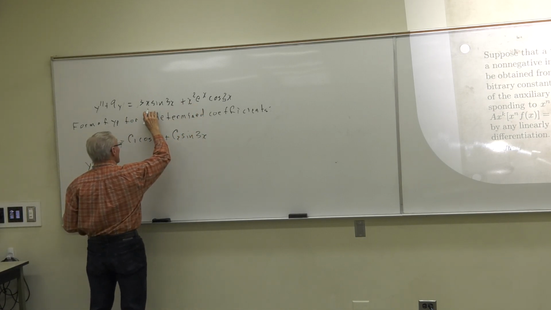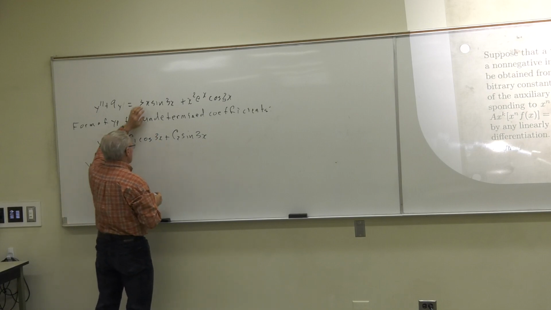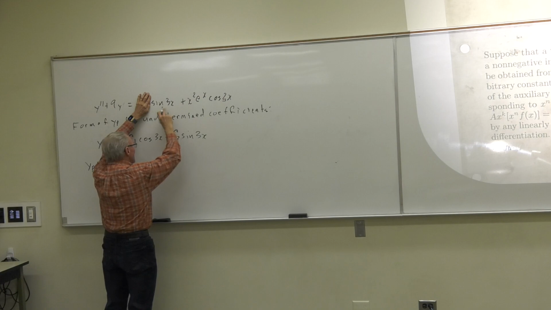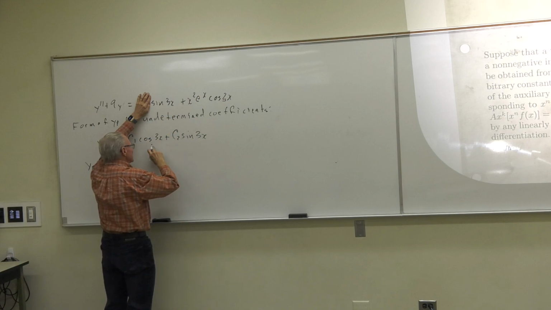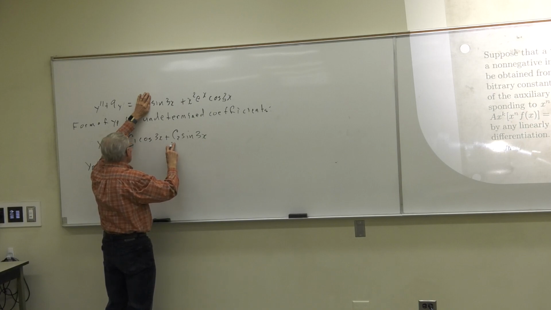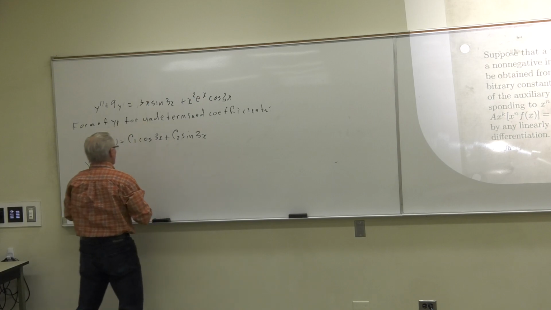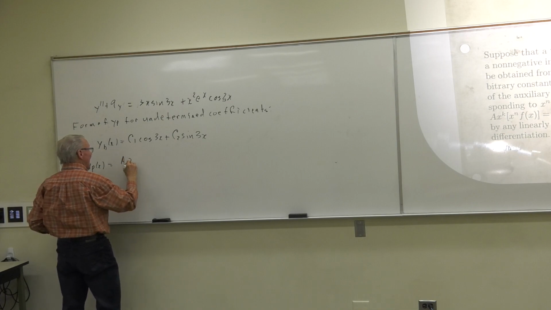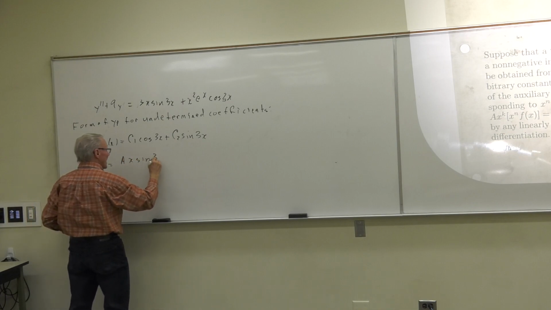For this one, we cover the 3x, and we look and say, can you get this from the y sub h? And the answer is yes. Therefore, rule 2 is in play. Which means that we don't put Ax sine 3x.